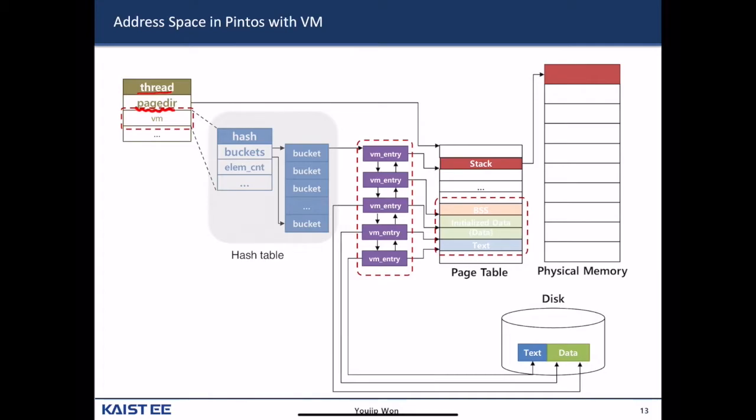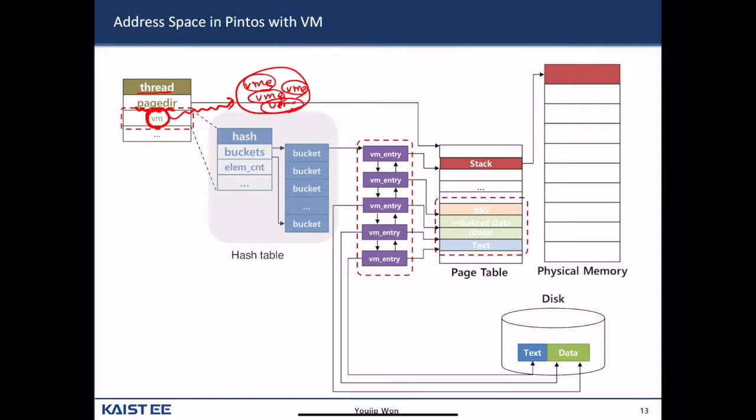And then you are going to add a new field here. This is important. The name of the field in this example is VM, but you may want to use whatever name you want here. And this represents a pointer that points to the set of virtual memory entries. Like this.